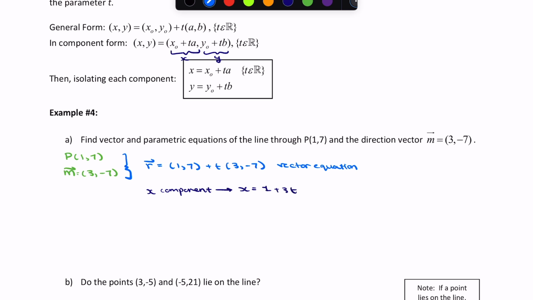And then for our y component, it would be y is equal to 7 plus negative 7t, so 7 minus 7t. And so those are our parametric equations.